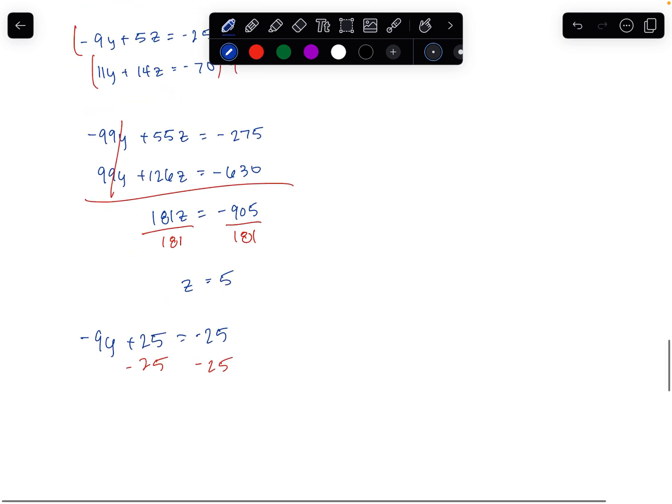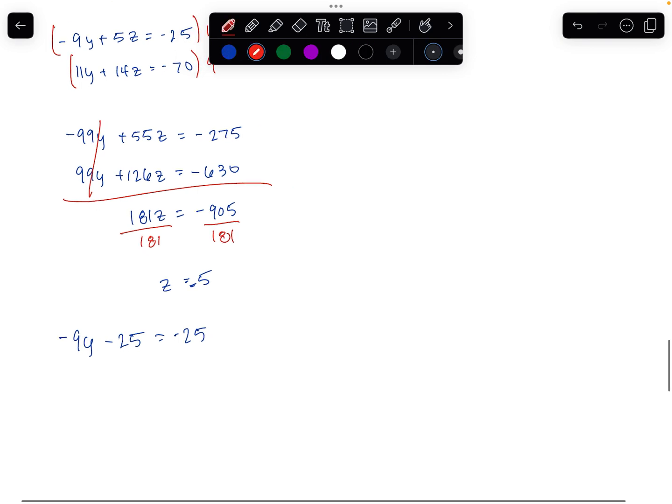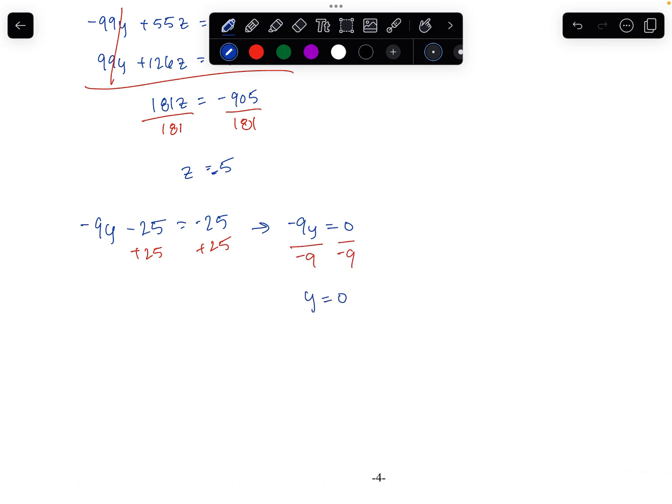Yep, I'm glad I was wrong. That's negative 5. I keep missing so many things. That's negative 5, which would make this negative 25 whenever I plug it in. Okay, plus 25 now. Plus 25, that's what I wanted to see. So negative 9y is equal to 0. Divide by negative 9. Y is equal to 0.